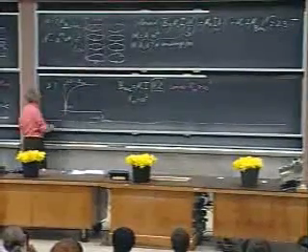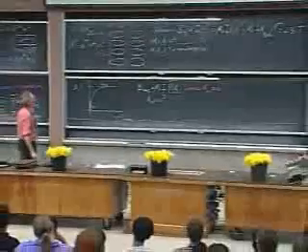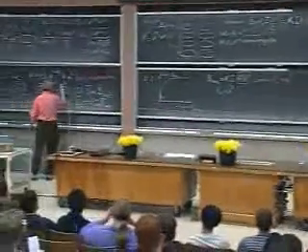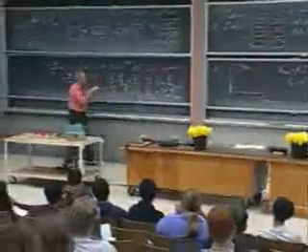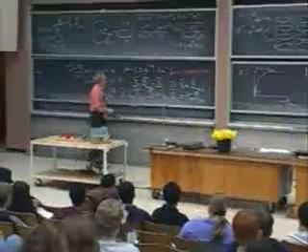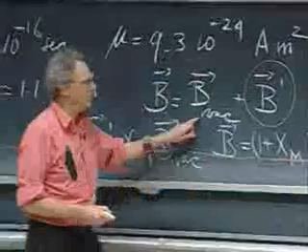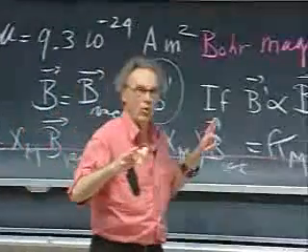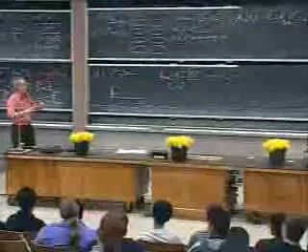The 2.3 is now the field which I will call B prime. This is the field that is the result of the alignment of all those dipoles. And so when I increase the vacuum field, this goes into saturation and settles for 2.3 and can no longer increase because I have aligned all these magnetic dipoles.